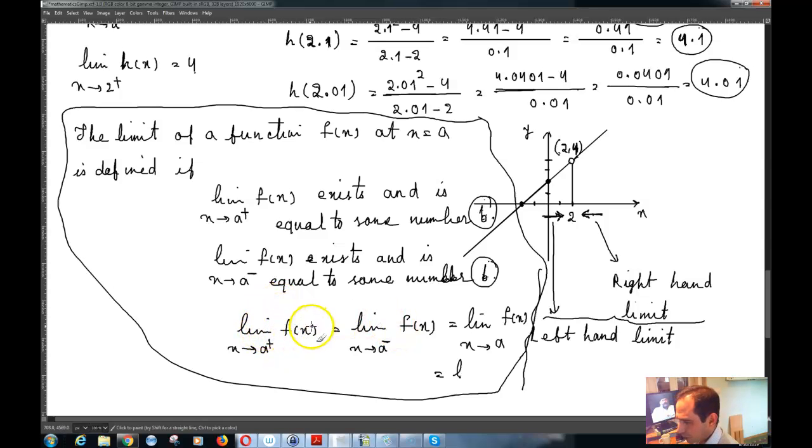So then you can write the limit of f of x as x tends to a from the right is equal to the limit of f of x when x tends to a from the left, and that is equal to the limit of f of x when x tends to a, which is equal to L. That means that the limit of the function at some point a is equal to L, and it is defined and it exists.